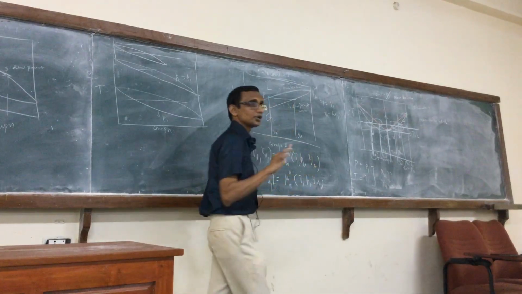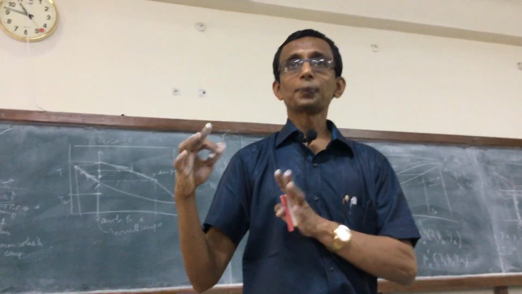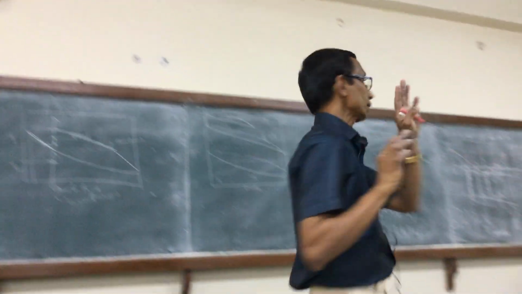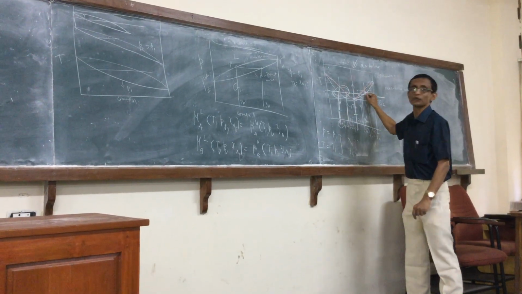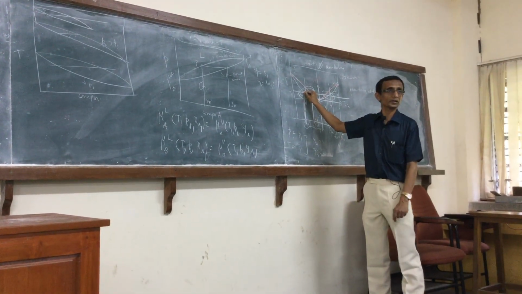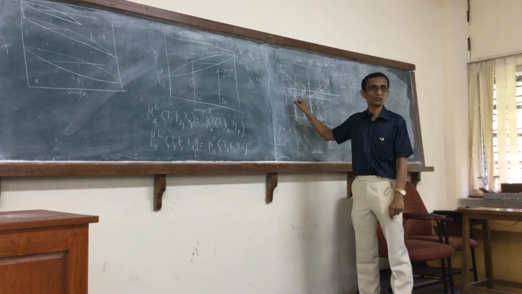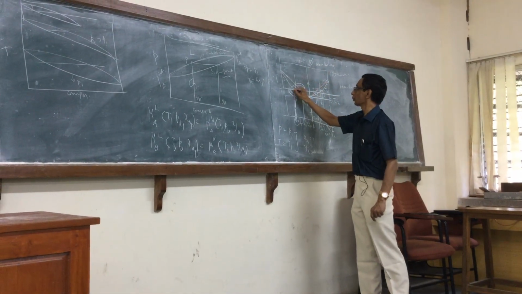Now I change the specification. I say I am giving you pressure equal to P1, XA equal to XA1. Clearly, you cannot have anything to do with this side. At XA1 there is only one temperature at which liquid and vapor, for the mole fraction of liquid being XA1 and pressure P1, can exist.